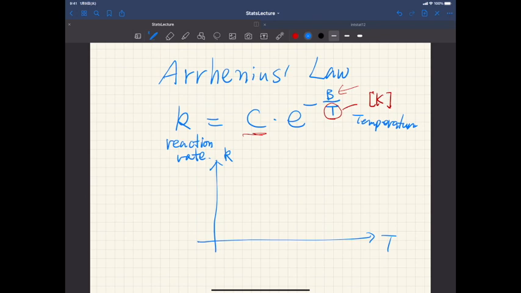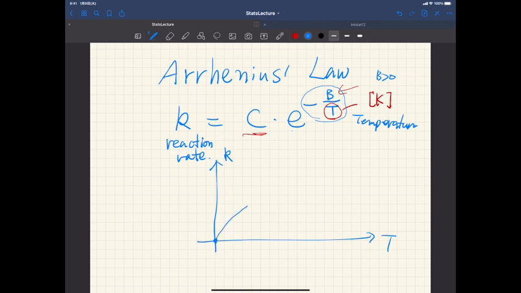So this is like when T is 0. I mean, T cannot be exactly 0. So when T is 0, this B is a positive number, so this exponent becomes negative infinity. The exponential of negative infinity is 0. So at absolute temperature of 0, the reaction doesn't proceed at all. And when temperature rises, it will rise like this.